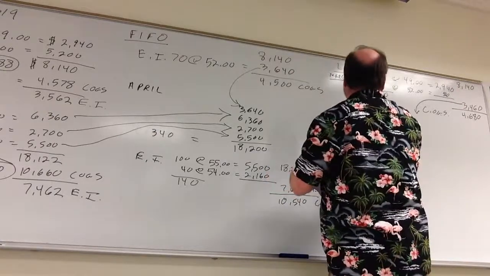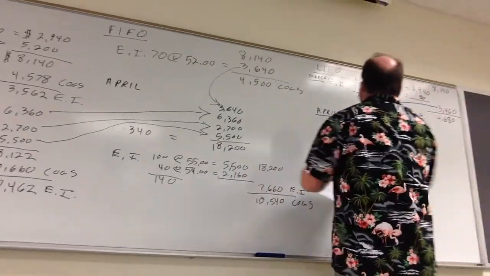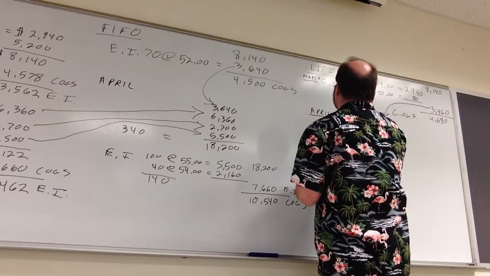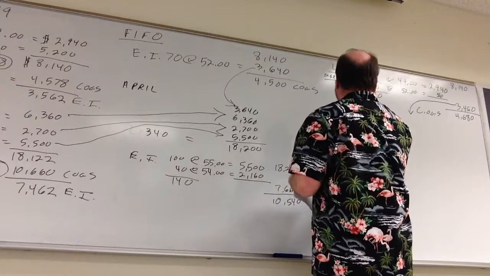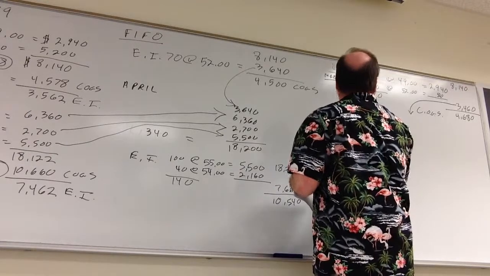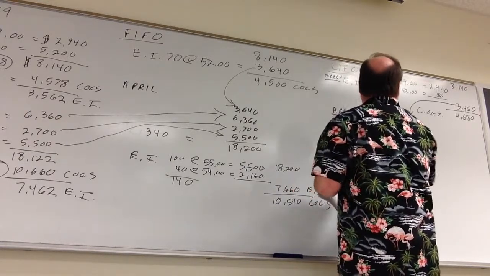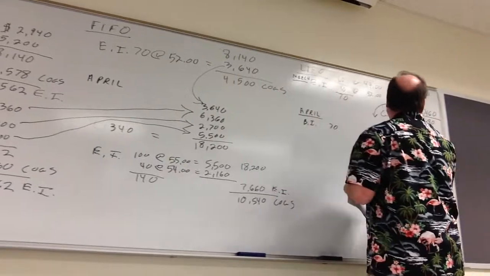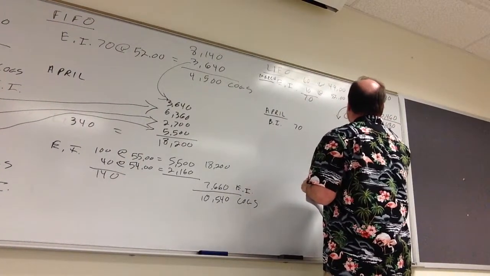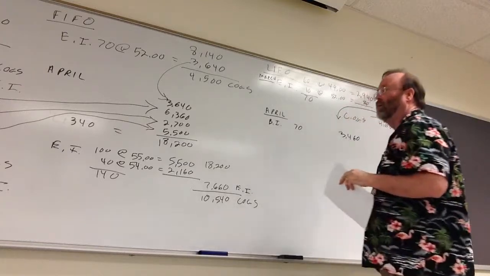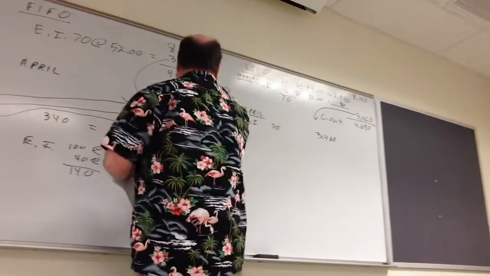So beginning inventory was 70 units at a total cost of $3,460.